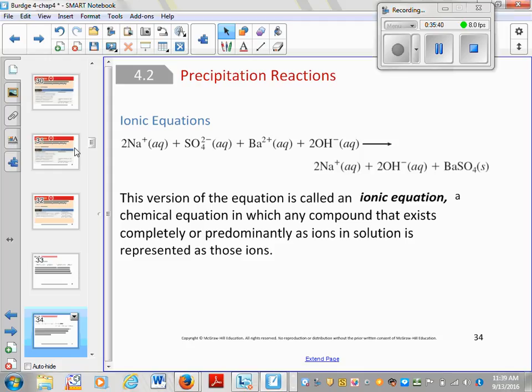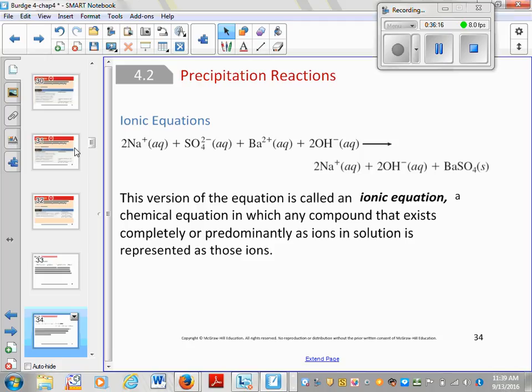Do I have two Na+ on both sides of the arrow? I can cross those off. Do I have two I- on both sides of the arrow? No, so I have to leave that. So whatever's left over, I rewrite. So I have Pb2+ aqueous plus 2I- aqueous goes to PbI2 solid. So that's the net ionic equation. That's the actual reaction that's taking place.